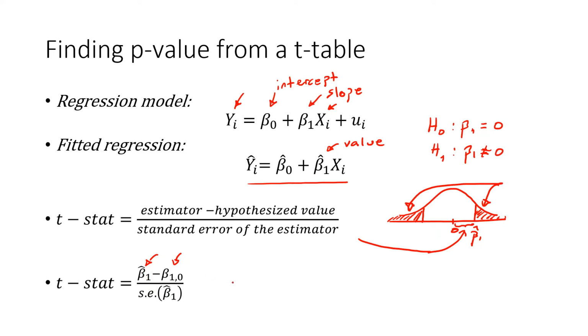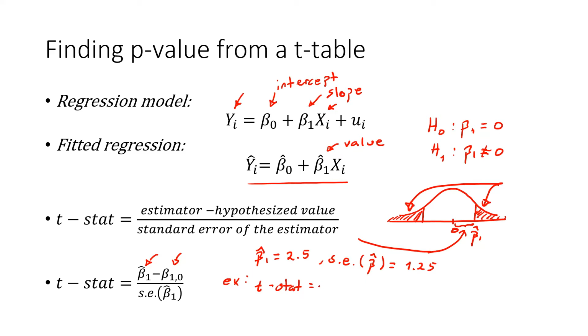So for example, if our beta hat 1 equals 2.5, then the t value, or t-stat, and of course we need the standard error of the beta hat, which is 1.25 standard errors or units.